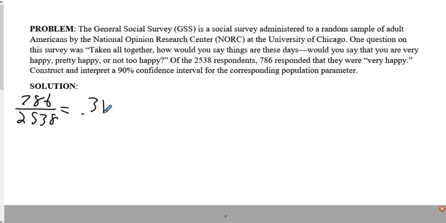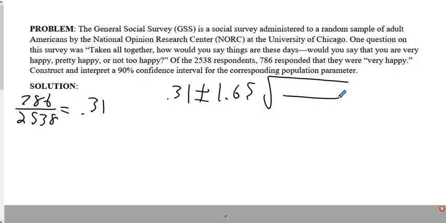The formula is p-hat, 0.31, plus or minus the z-score. Now, what's the z-score for 90%? 1.65. Very good. So we put 1.65 here. We put our big old square root. We're going to put our p-hat, 0.31, and then the change, 0.69, divided by n, which is 2538.